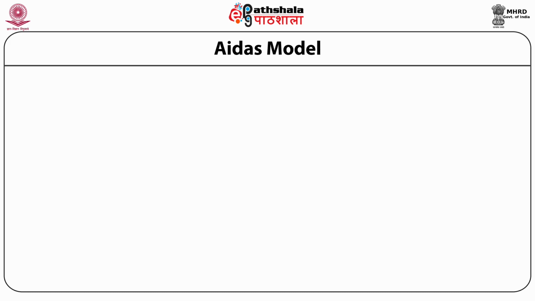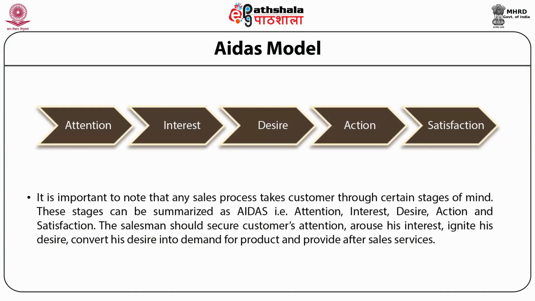So this model shows a process that any sales process takes customers through when we deal with prospective customers. So through personal selling or the sales process, the customer is taken to certain stages of mind, like attention, interest, desire, action, and satisfaction.